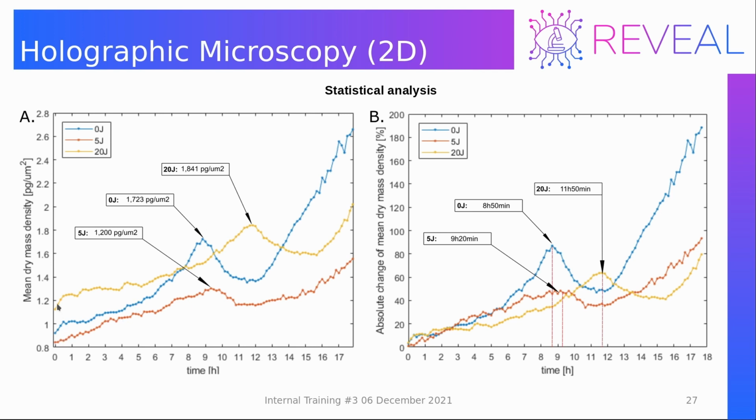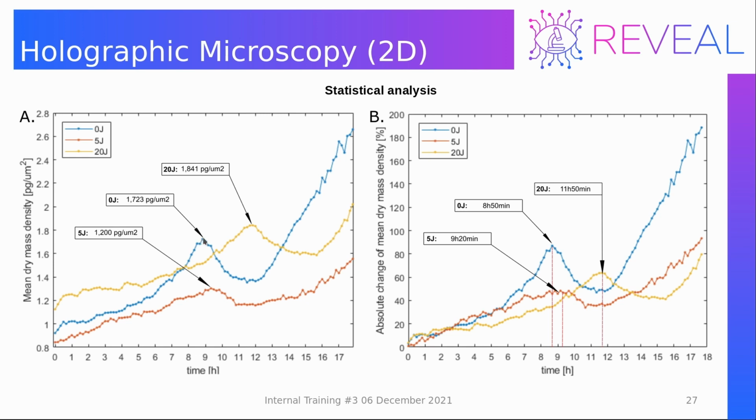We analyzed how the cells behave when they undergo irradiation with light, compared to the control group that does not undergo any irradiation. And we analyzed the statistics with time. For example, here we can see how the mean dry mass density of cells changed.